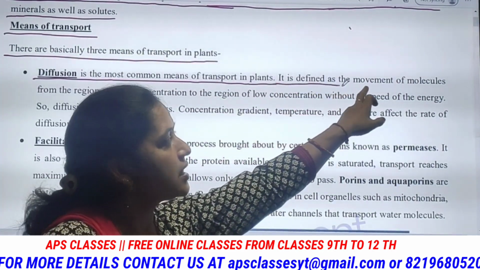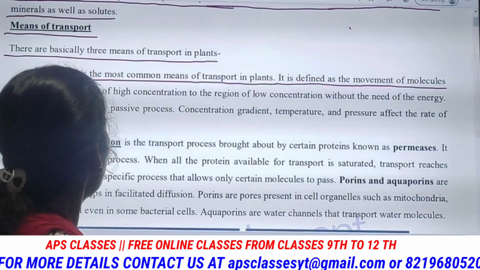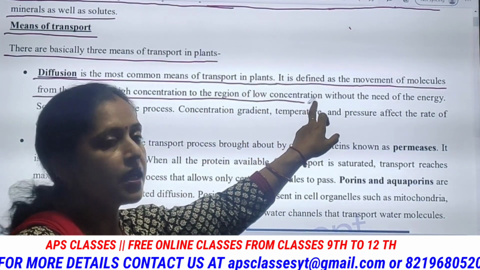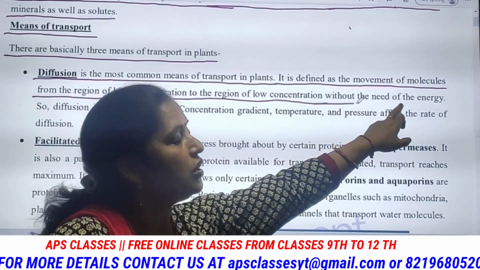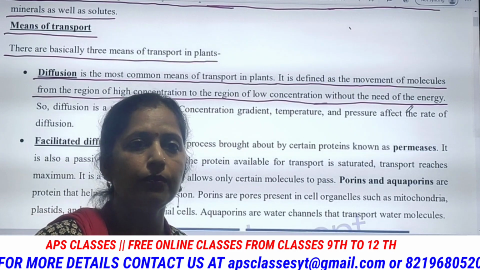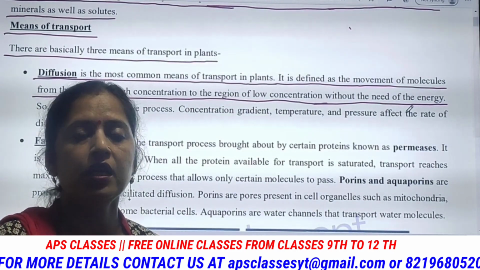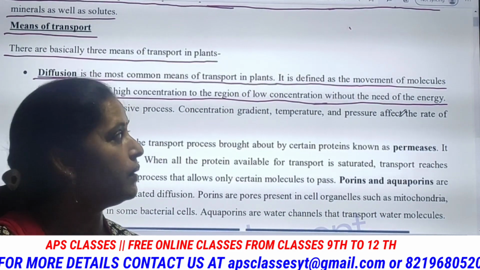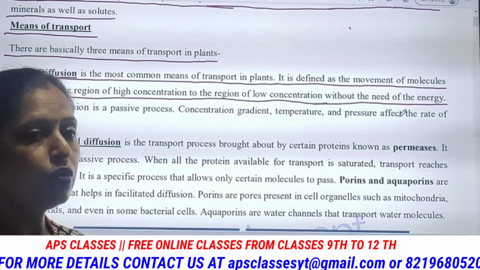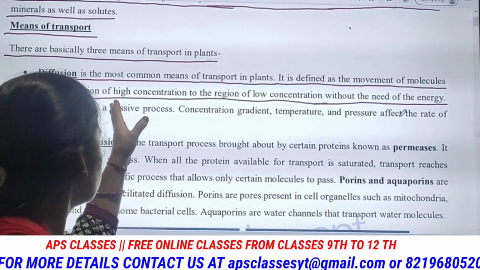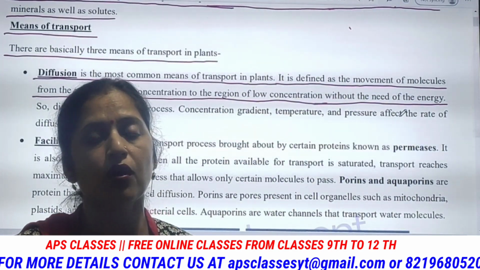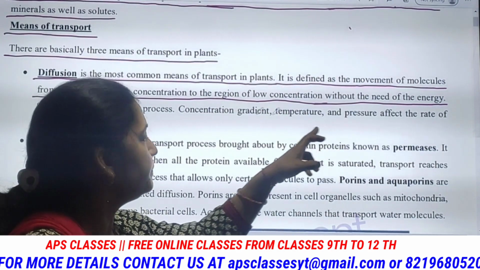It is defined as the movement of molecules from the region of higher concentration to the region of lower concentration without the need of energy. Diffusion is the most common, important mode of transportation in plants, and it involves the movement of molecules from the region of higher concentration to the region of lower concentration without the use of any type of energy.